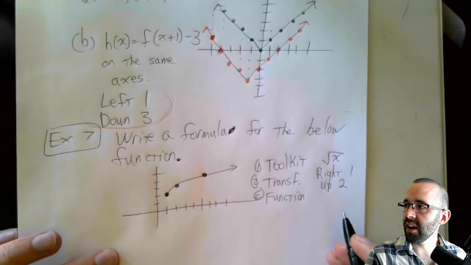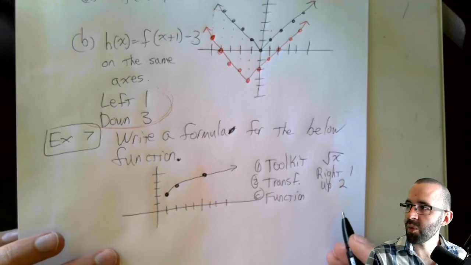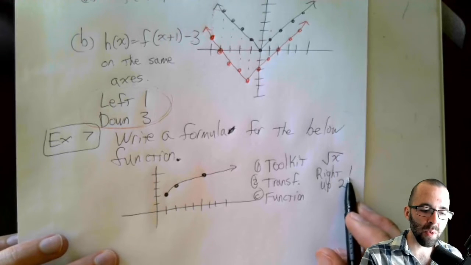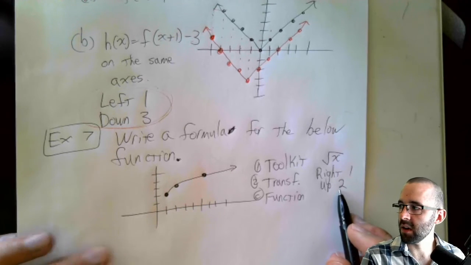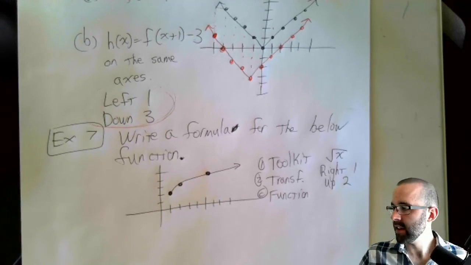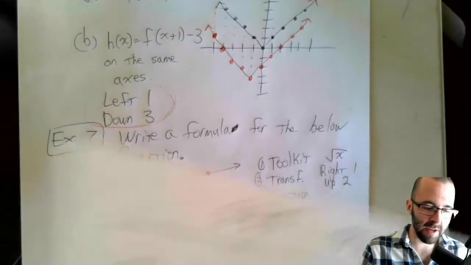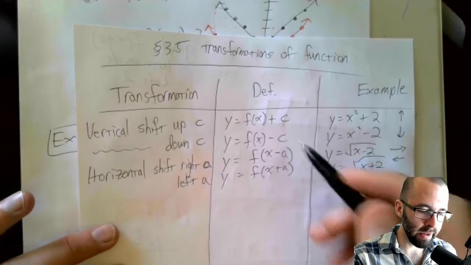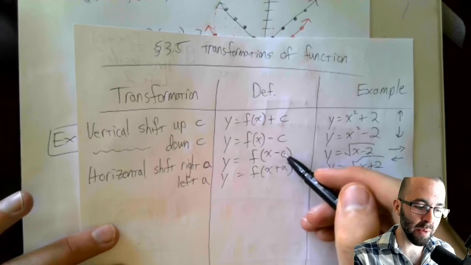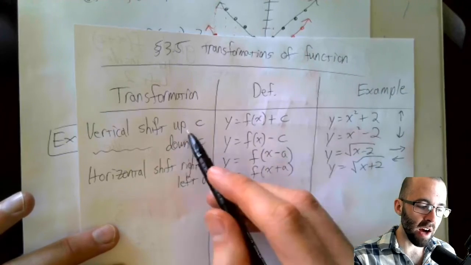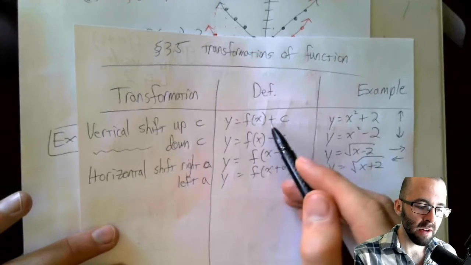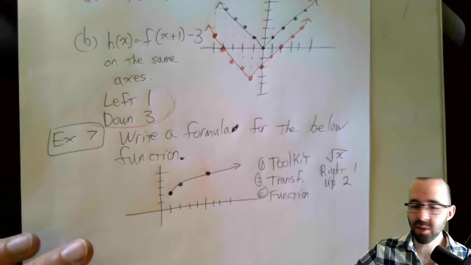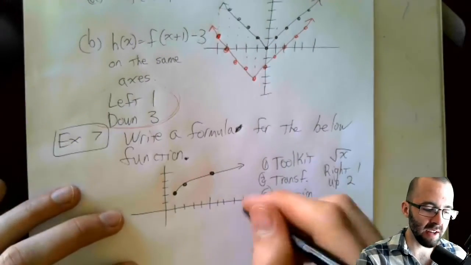So we just have to figure out how to write this with a formula. We need to go right 1 unit and up 2. So we consult our little table and say, let's see here. We need to go right 1. So that's going to be subtracting 1 on the inside. And up 2, that's going to be adding 2 on the outside. So subtract 1 on the inside, add 2 on the outside.